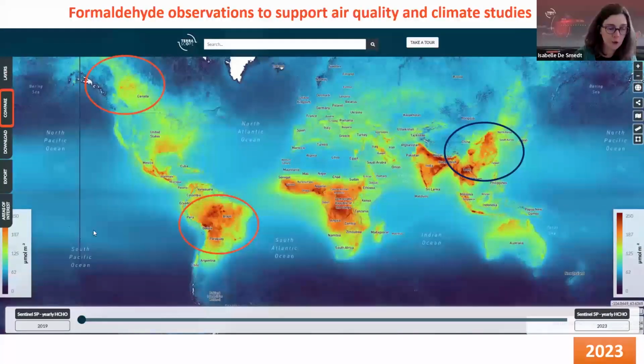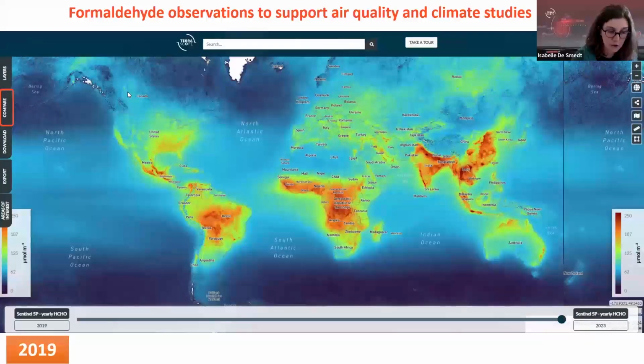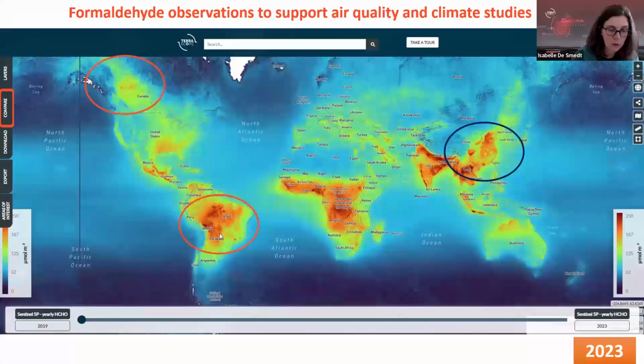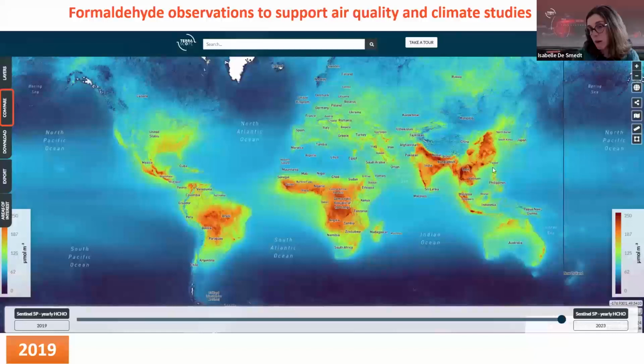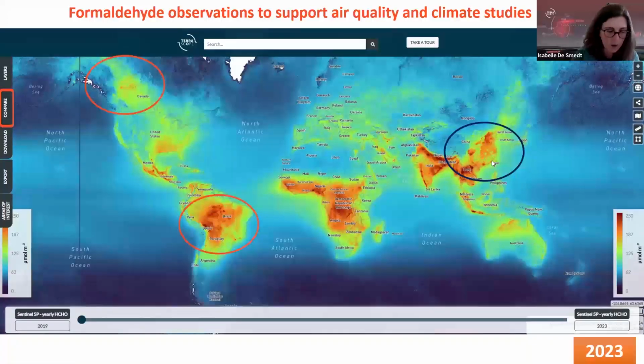And so, for example, you can observe significantly larger column over Canada and also South America in 2023 compared to 2019. While in China, the concentration appears to be a bit lower, while the rest of the world does not show large differences.